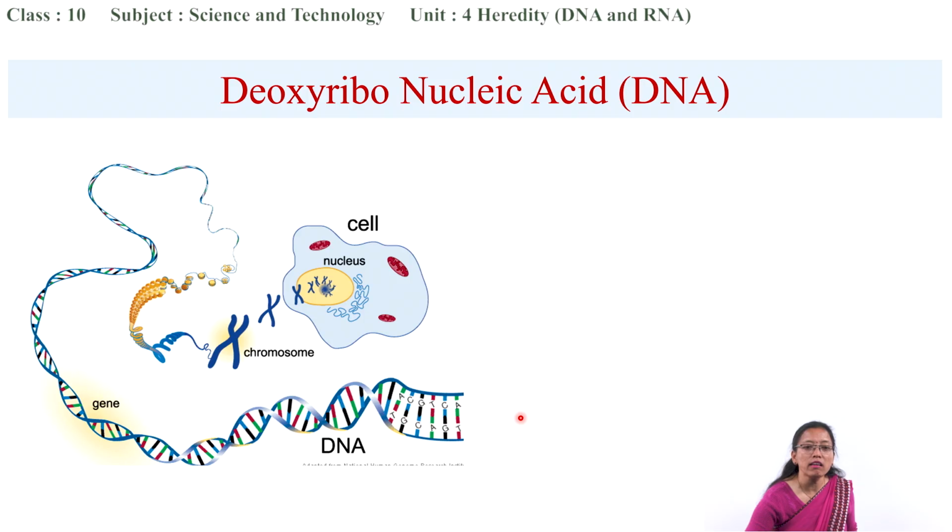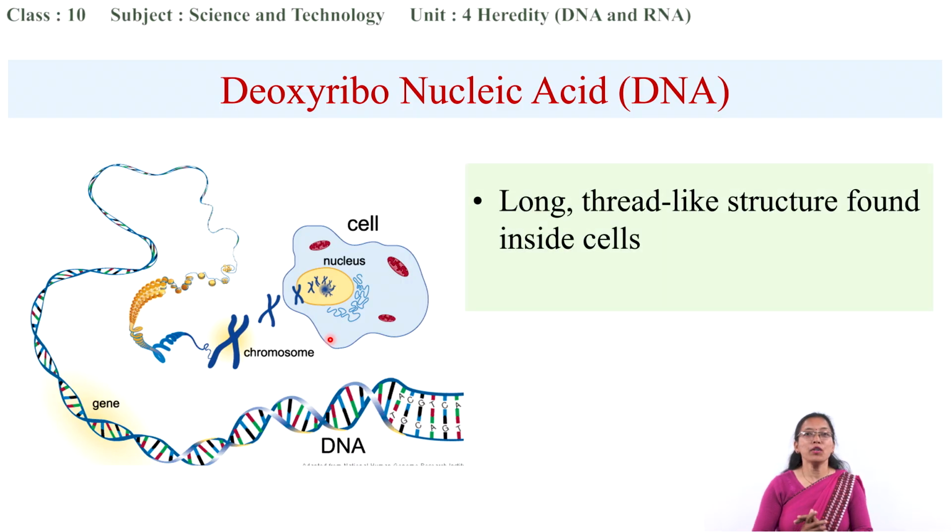This DNA is composed of different types of nitrogen bases. Where is it present? Inside the nucleus, in the chromosome especially, but some DNA molecules are also present in the cytoplasm, in mitochondria, chloroplasts, plastids, etc.